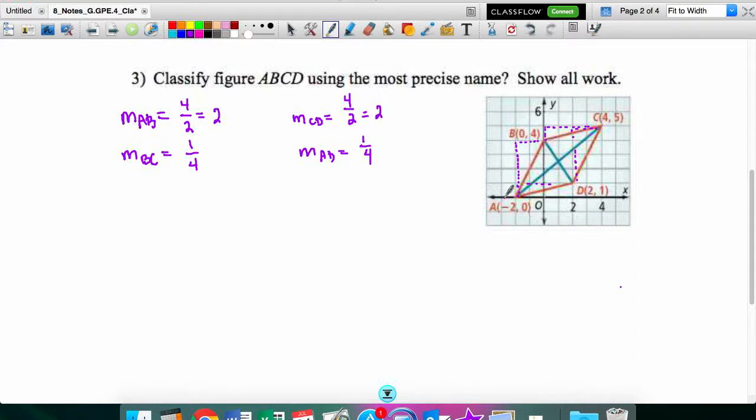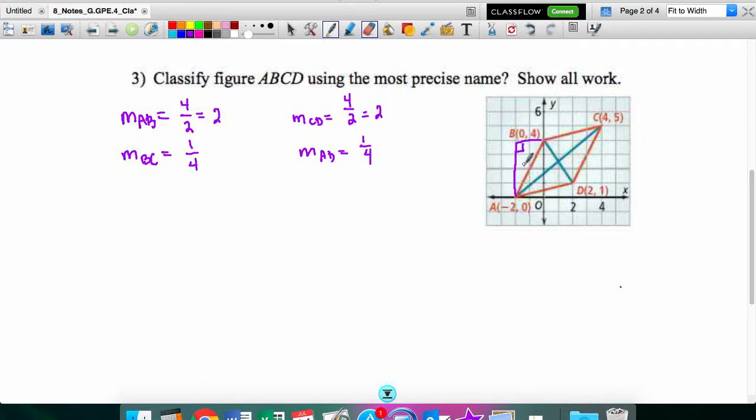So let's suppose I start with AB. If I want to find the length of AB, I'll use either the distance formula or the Pythagorean theorem. Once again, since I have a graph, I'm going to go ahead and use the Pythagorean theorem. I'm going to erase my dotted lines that I used for my slopes, just to clean it up a little bit. And I'm going to sketch in my right triangle.